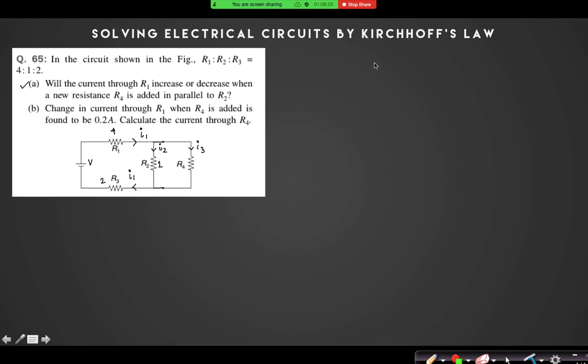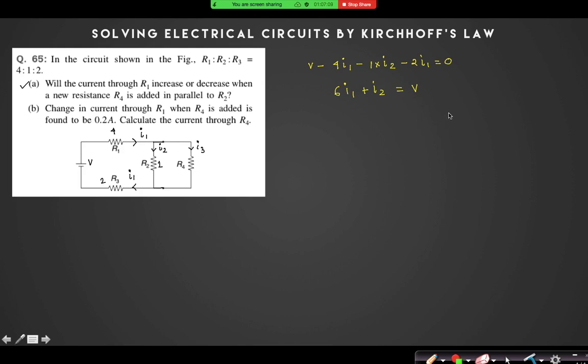So if I write down one equation, can I write V minus 4I1 minus 1 into I2 minus 1 into I2 minus 2I1 equal to 0? Can I write down this equation? Yes, sir. So can I write this expression that 6I1 plus I2 equal to voltage V?